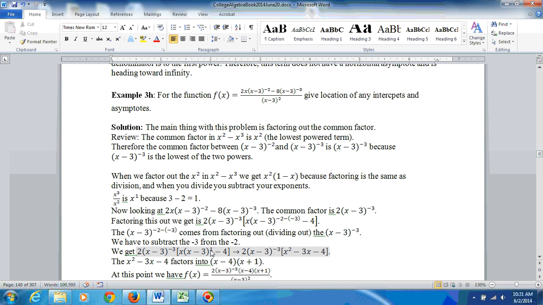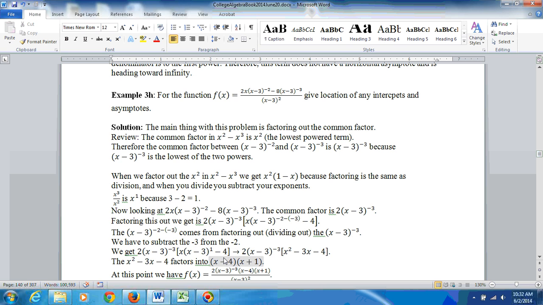And that 1 right here, that's the hardest thing, comes from the fact that this is 1 power bigger than this. And then over here, when we factor out the common factor of 2 times x minus 3 to the negative third, the only thing left over here is 8 divided by 2, which is 4.